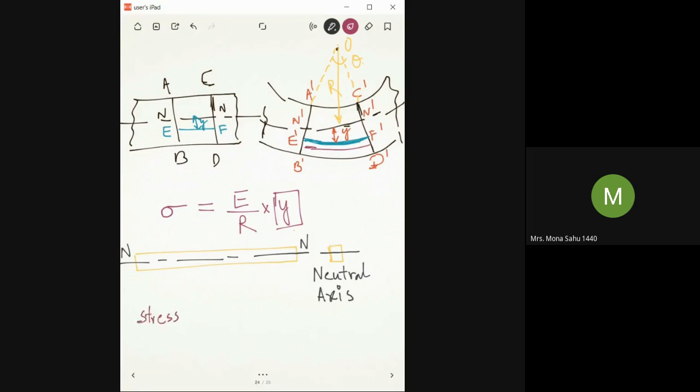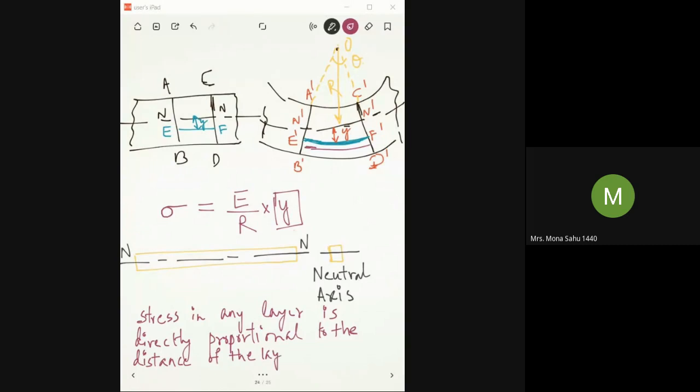Stress in any layer is directly proportional to the distance of the layer from the neutral layer.